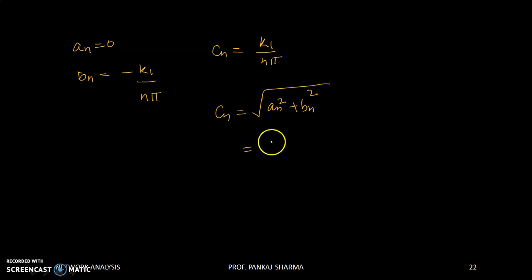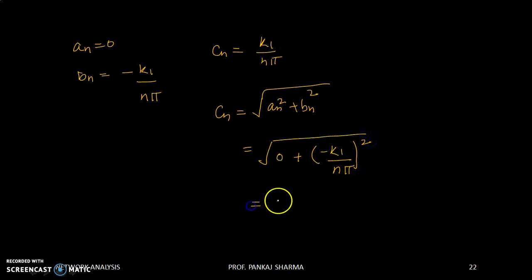So this is under root 0 plus minus k1 by n pi whole square. So it is coming k1 upon n pi.